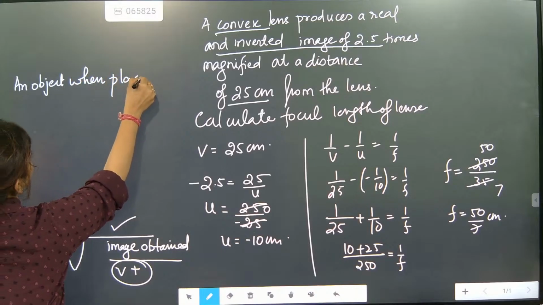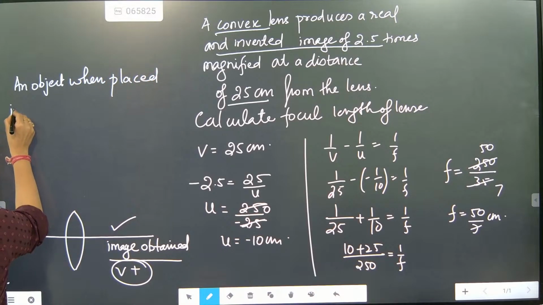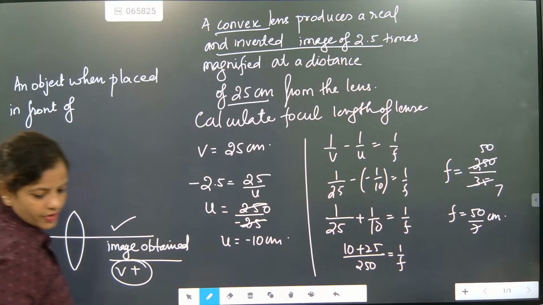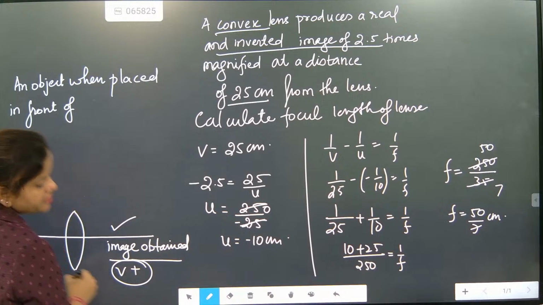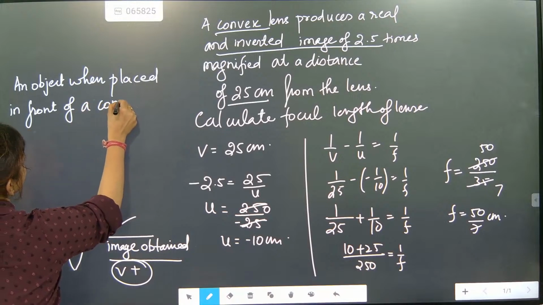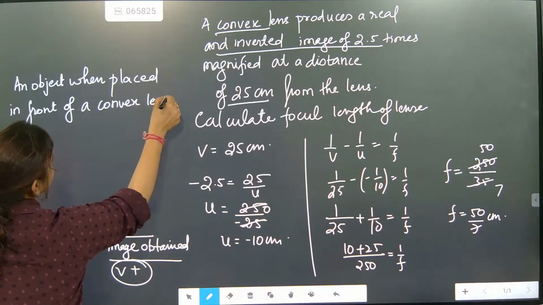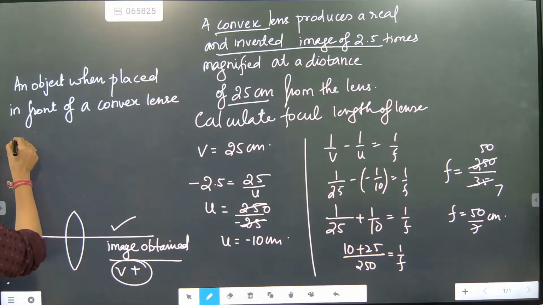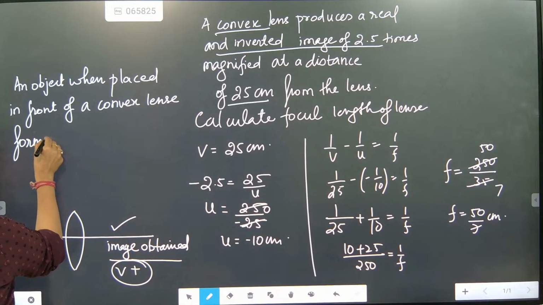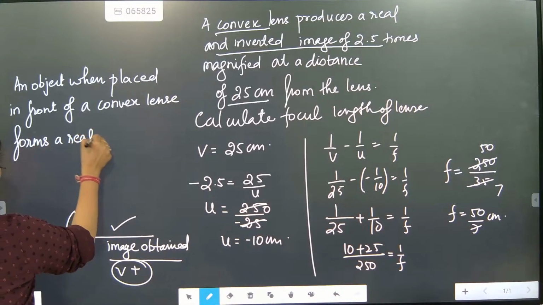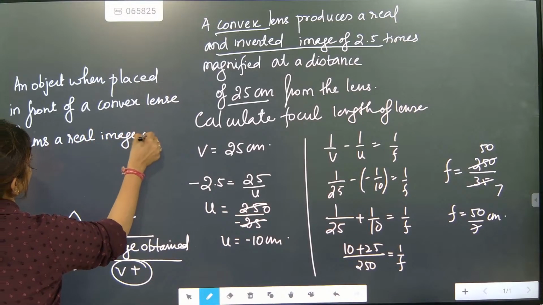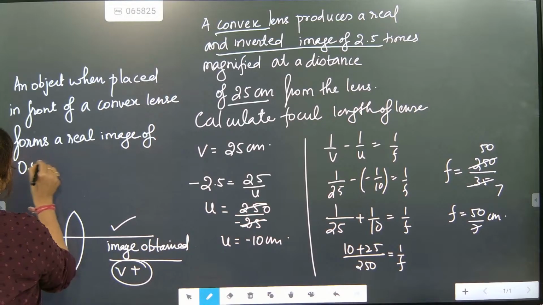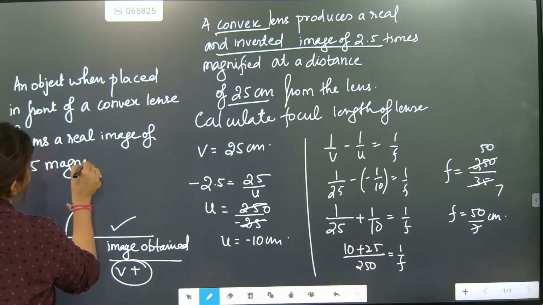And then write the question better. An object when placed in front of a convex lens forms a real image of 0.5 magnification.